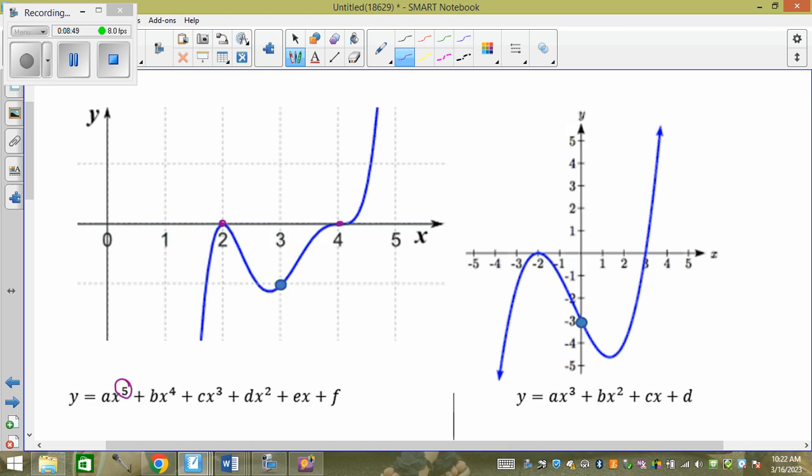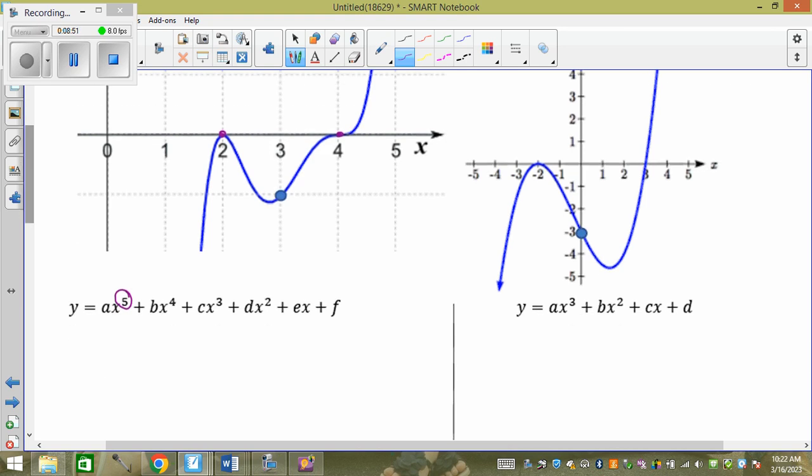Okay? So when I go to fill this one in, I'm going to go y equals a, x minus 2 what? Squared, because it's a tangent, and x minus 4 cubed, because it's an inflection. Now remember, inflections could be 5, 7, 9, 11, right?